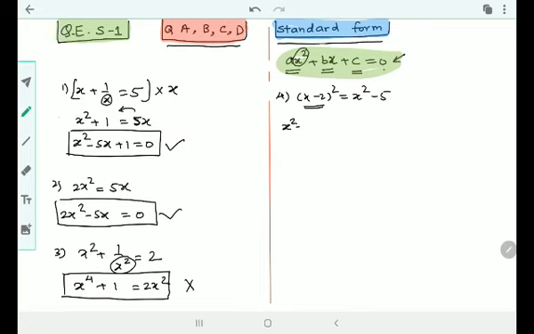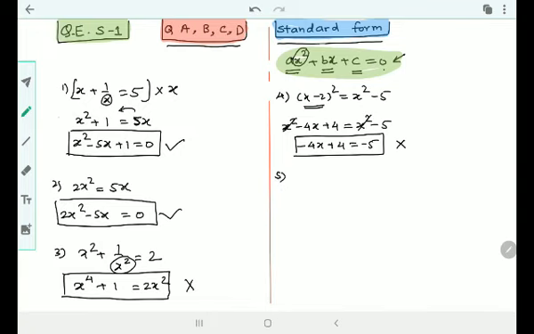I'll put x square minus 4x plus 4. I hope you don't have a problem expanding this. x square minus 5, right? Fortunately, x square and x square get cancelled. What do I get? Minus 4x plus 4 is equal to minus 5. What do you think? Is it a quadratic equation? It's not, right?